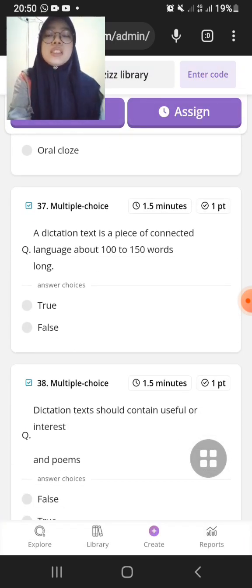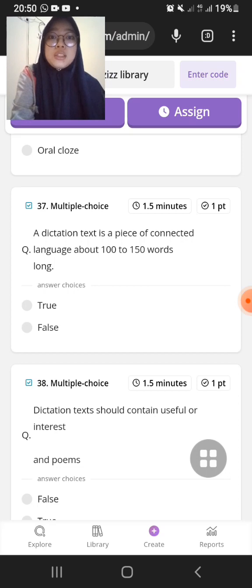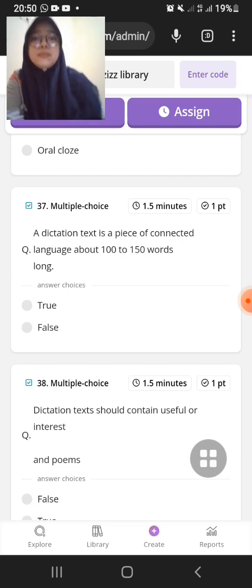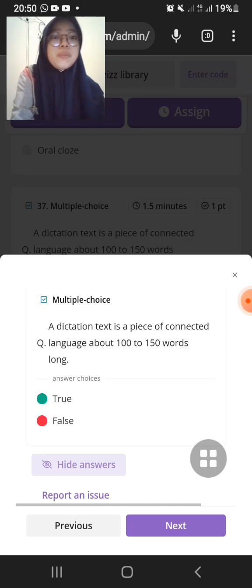Question number 37. A dictation text is a piece of connected language about 100 to 150 words long. The answer is true.